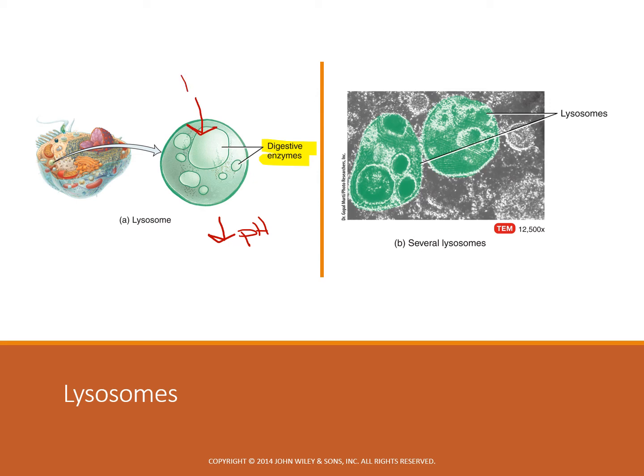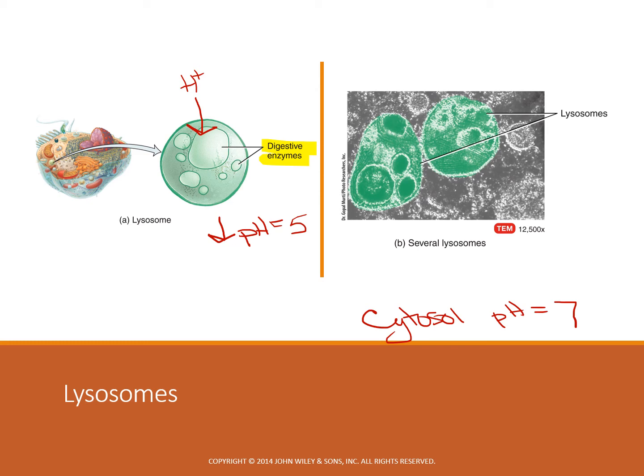So we're going to import hydrogen ions, and we're going to have a pH of approximately 5. That's a lot more acidic than the pH of the cytosol, because the cytosol pH is going to be 7, so it's going to be neutral. So it's a lot more acidic than the cytosol.